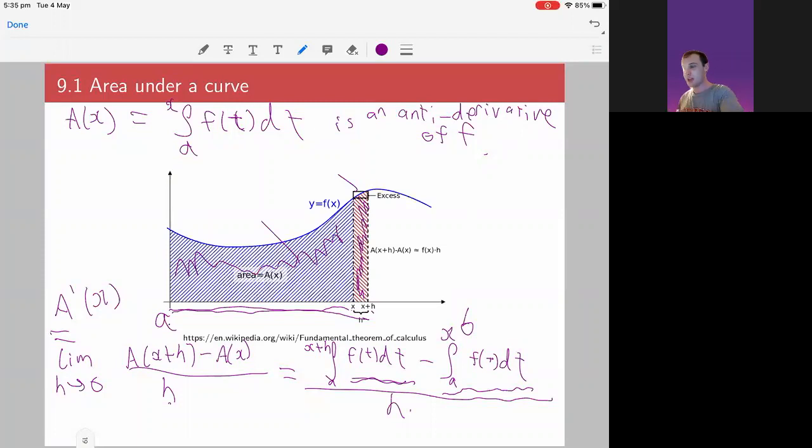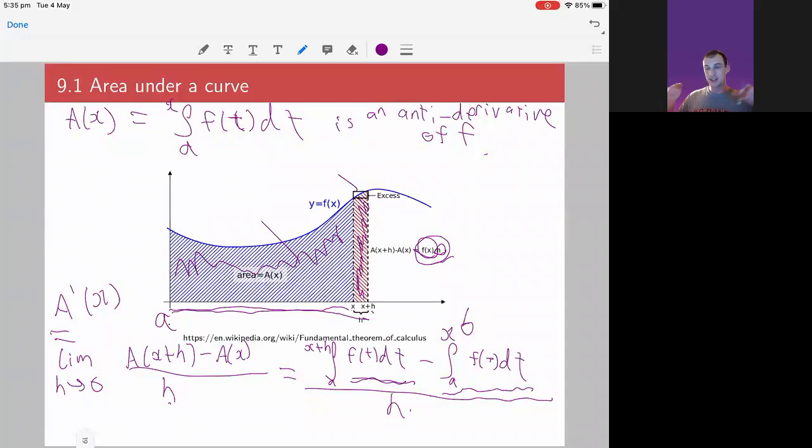Now, this red area here, it looks like a rectangle, doesn't it? Well, if h is small enough, this is starting to look like a good rectangle. And the area of this rectangle is going to be the length of the base, which we've said is h, multiplied by its height, which is approximately F of x.